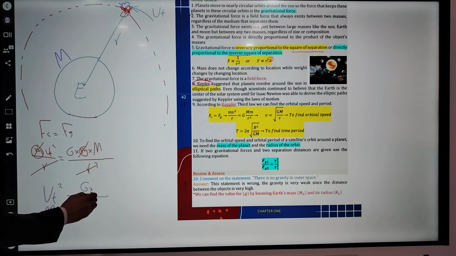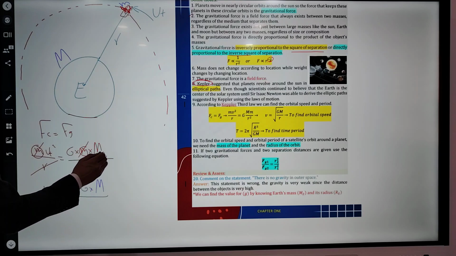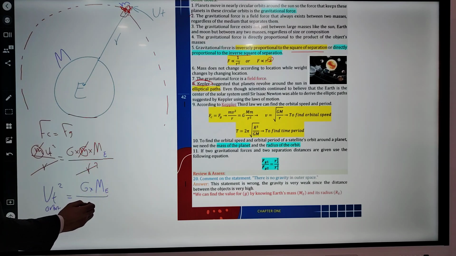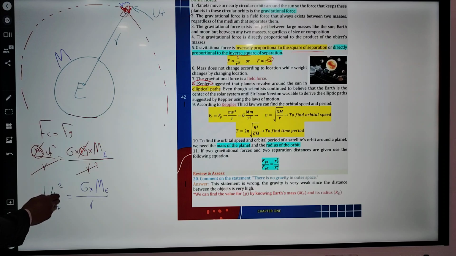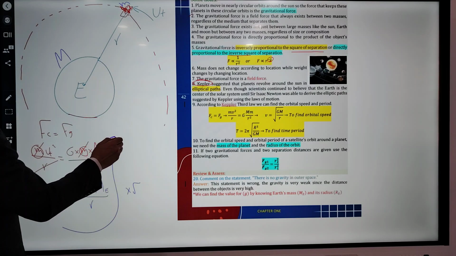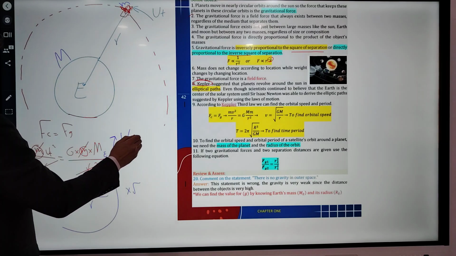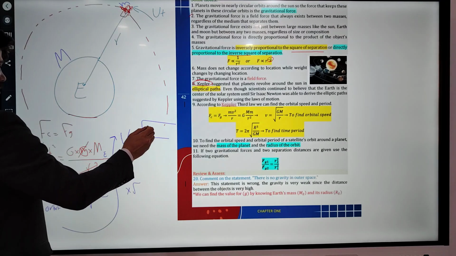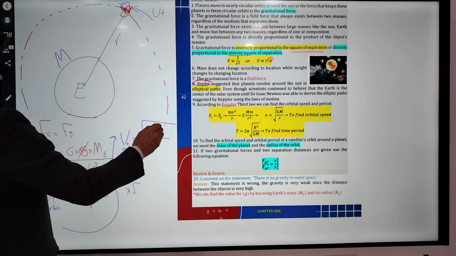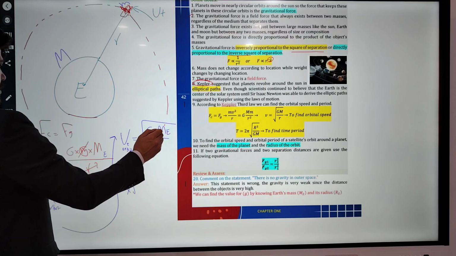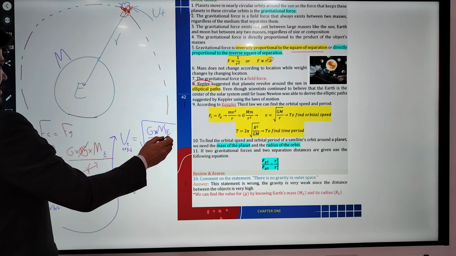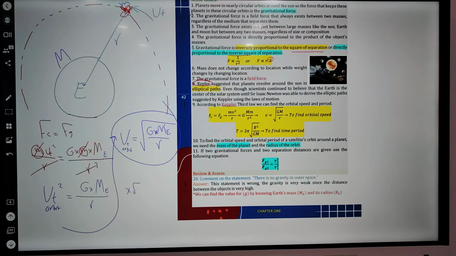v_t squared equals G times what remains here: the mass of Earth divided by r. Take the square root. It becomes v_t orbital equals the square root of G, the universal constant, times the mass of the planet, divided by r, the distance from the axis of rotation, or the distance between the satellite and the Earth.